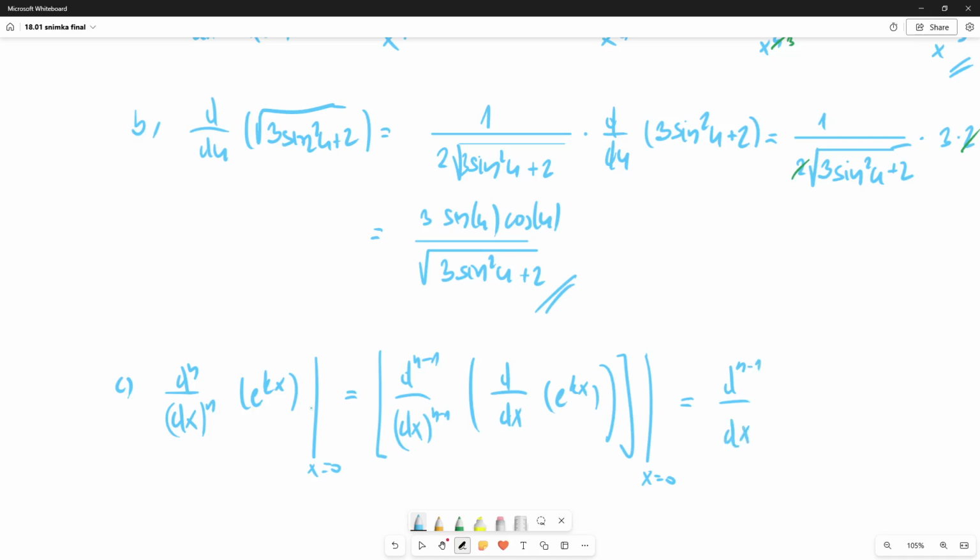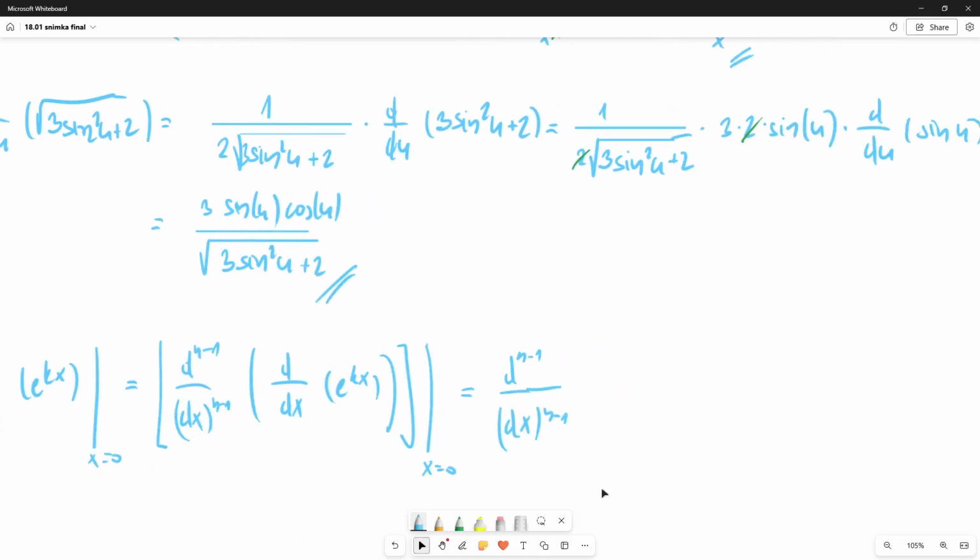We copy this part. And here, when we differentiate e to the power of k times x, we obtain k times e to the power of k times x.